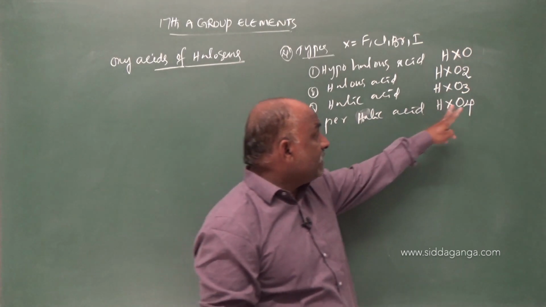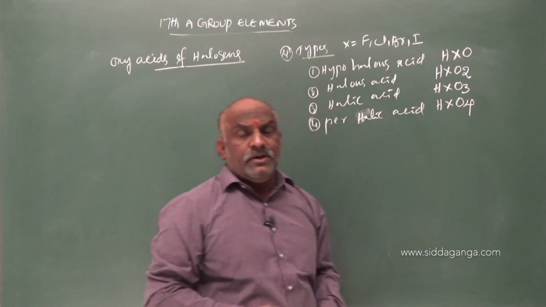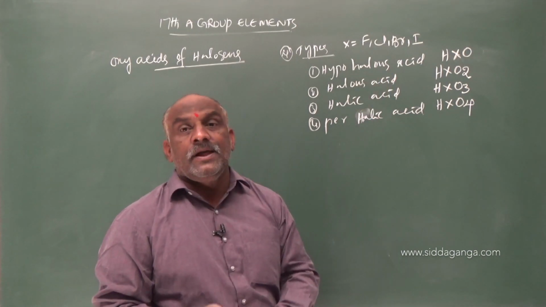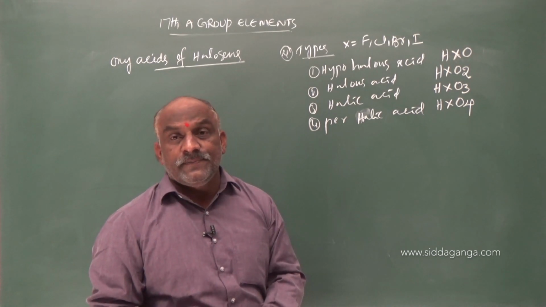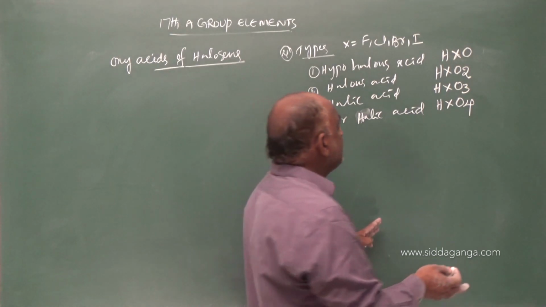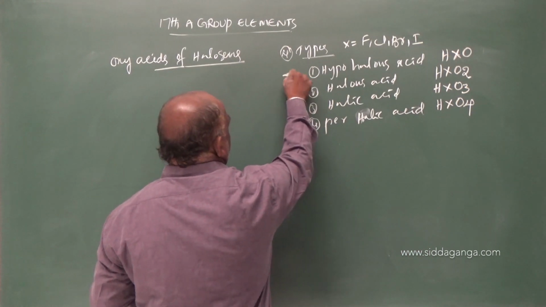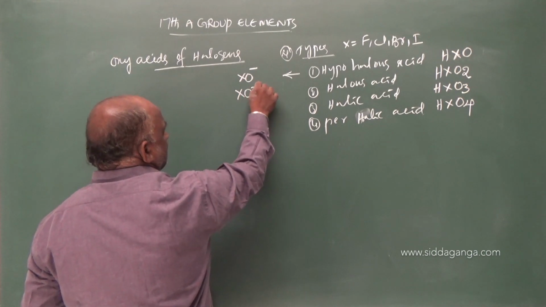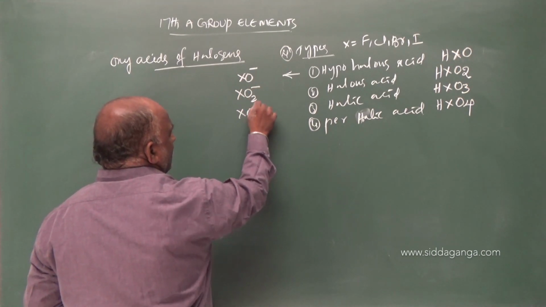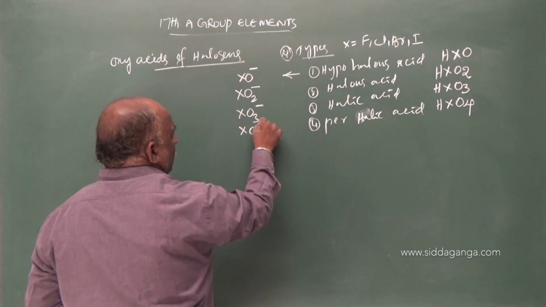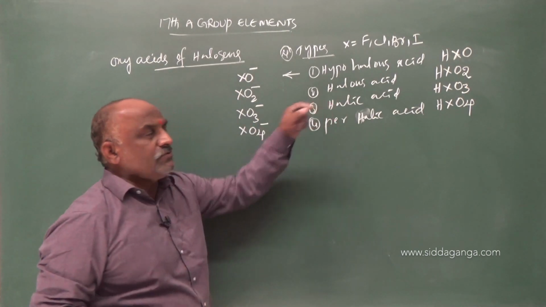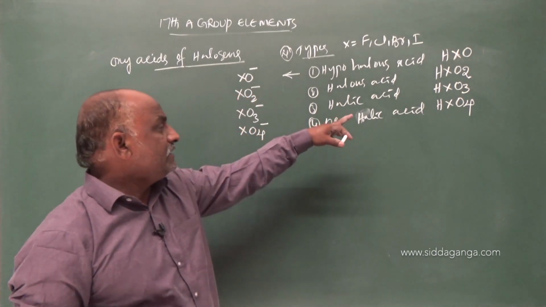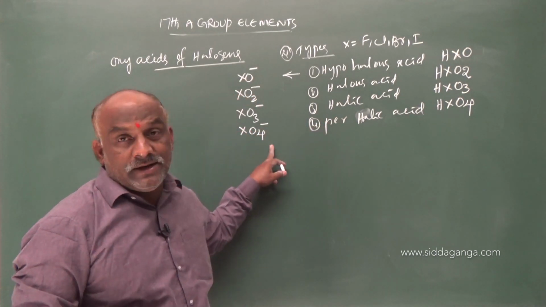When these are combined with hydrogen, if the hydrogen atom is not there, then those are ions, anions. Let us consider here XO minus, XO2 minus, XO3 minus, XO4 minus.